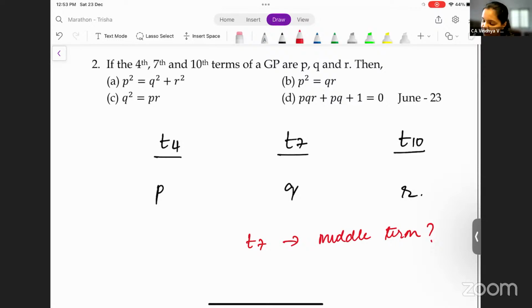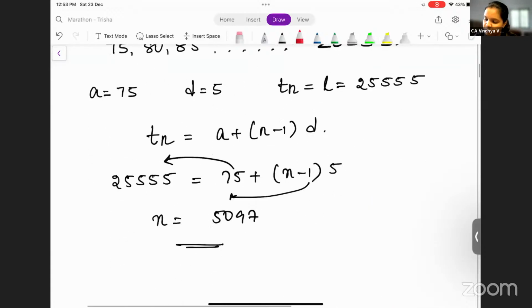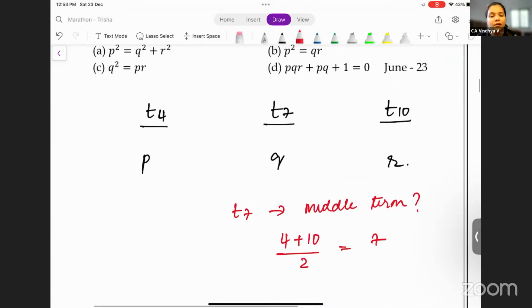Take the value of n of the first term, which is 4, and the value of n of the last term, which is 10. Add these two and divide by 2. It's not the arithmetic mean, it is finding the middle term. 4 plus 10 divided by 2, 14 by 2 is 7. Which means that the 7th term is the middle term.